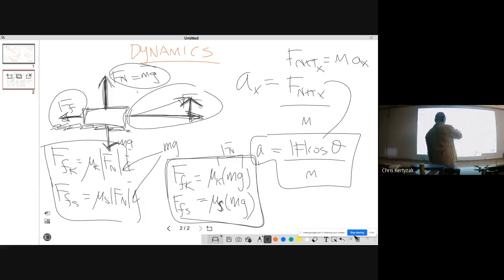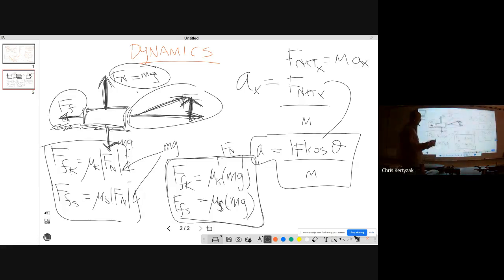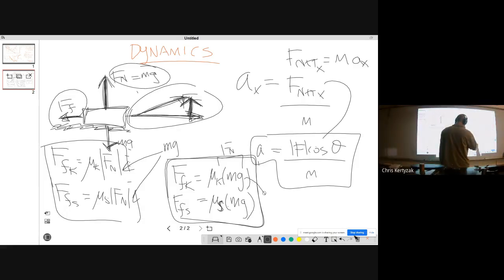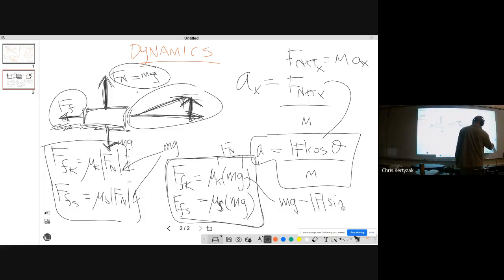As soon as this force goes up at an angle, there's an extra amount of upward force. The normal force is going to drop a little bit. We just talked about that, right? So this piece here would end up having to be mg minus f sine theta.